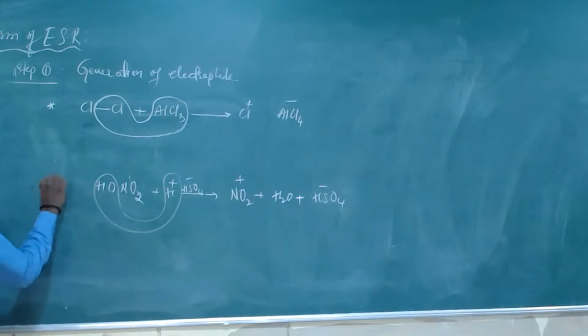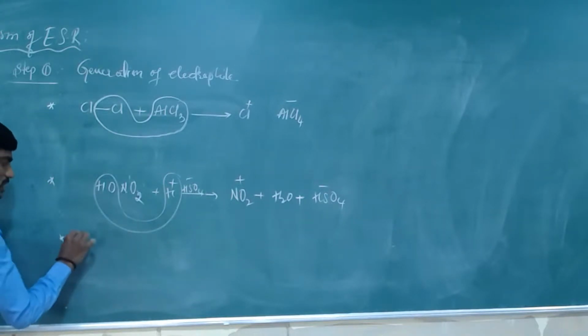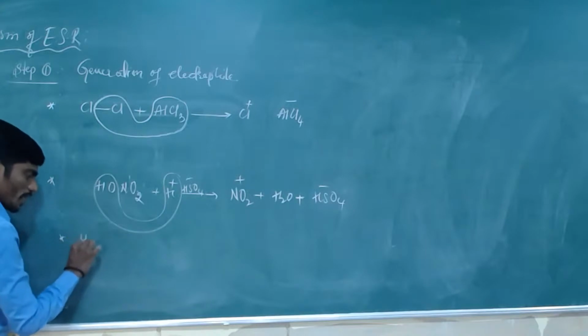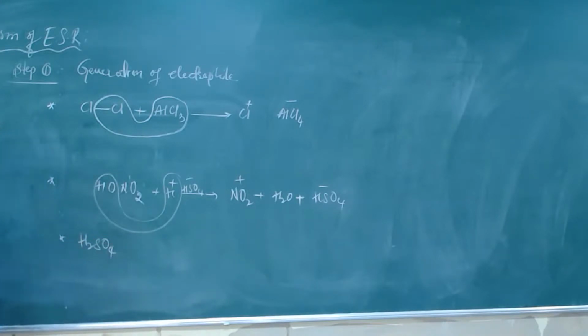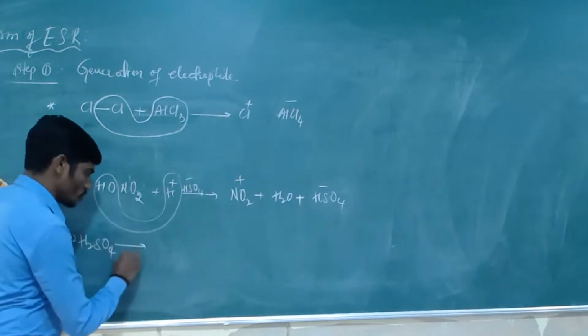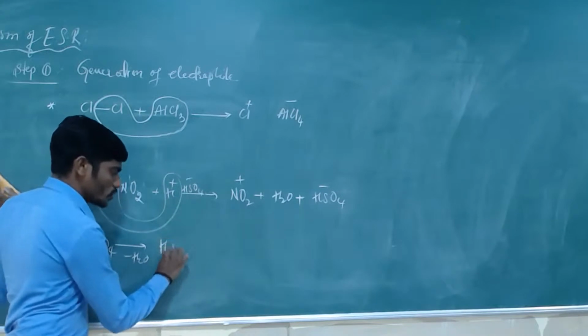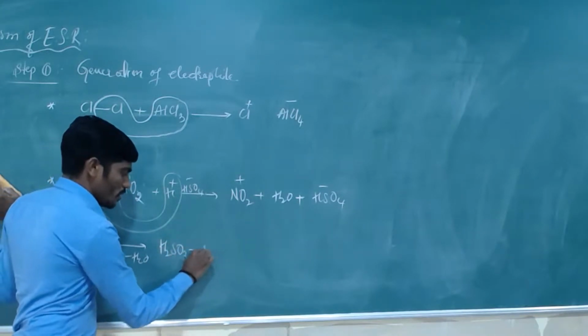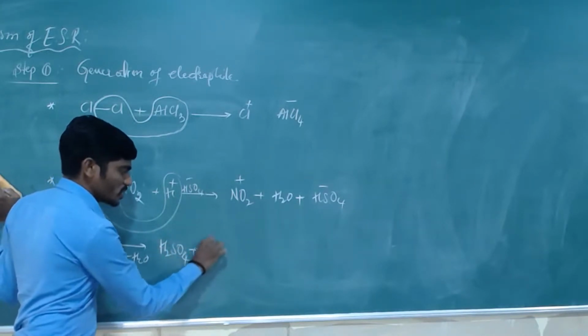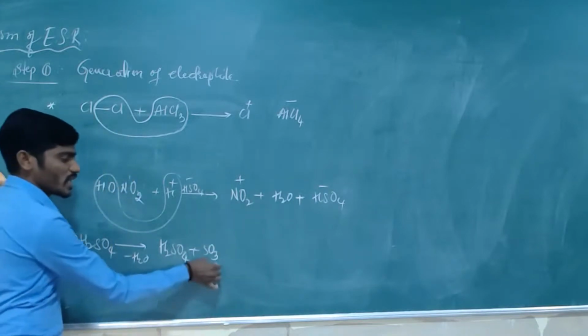Third, sulfonation. From 2 molecules of H2SO4, 1 water molecule is eliminated, giving H2SO4 plus SO3. This is the electrophile.